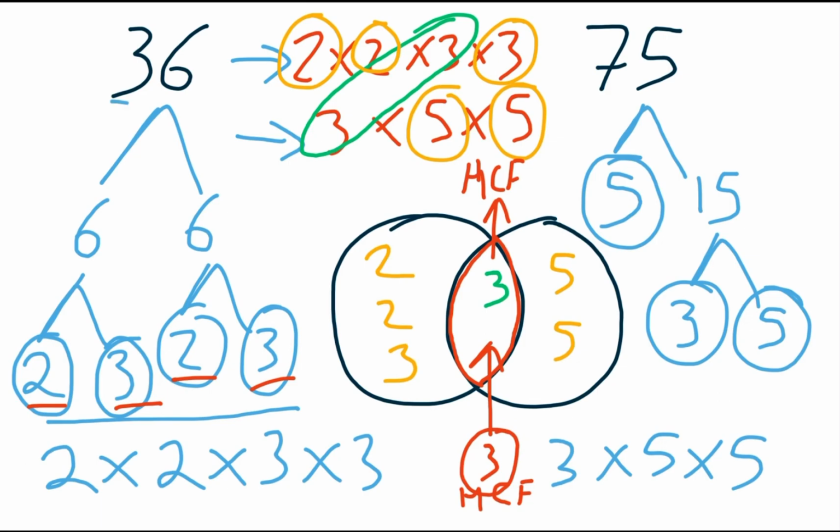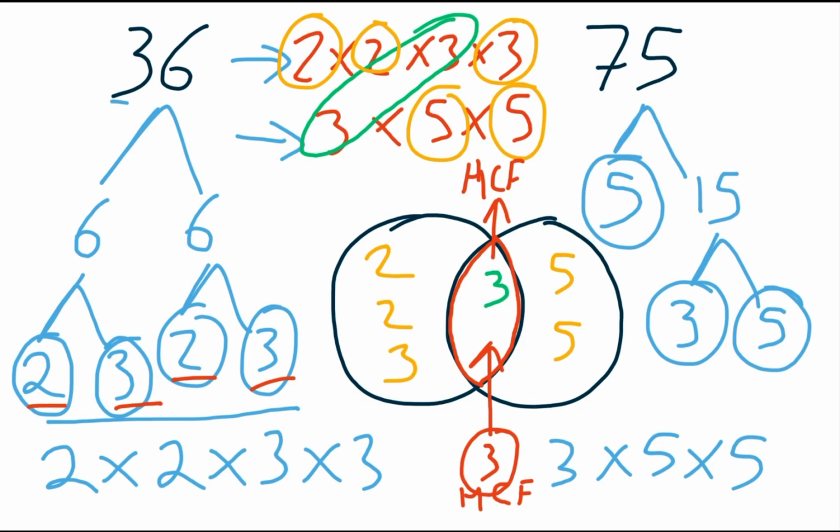In order to work out the lowest common multiple, because it's a multiple, which means it's supposed to be a bigger number than 36 and 75, we take all the numbers on the left, all the numbers in the middle, and all the numbers on the right hand side, and we multiply the entire list out. So I've got 2, 2, 3, 3, 5. If I rewrite it, there we go, this is our Venn diagram.